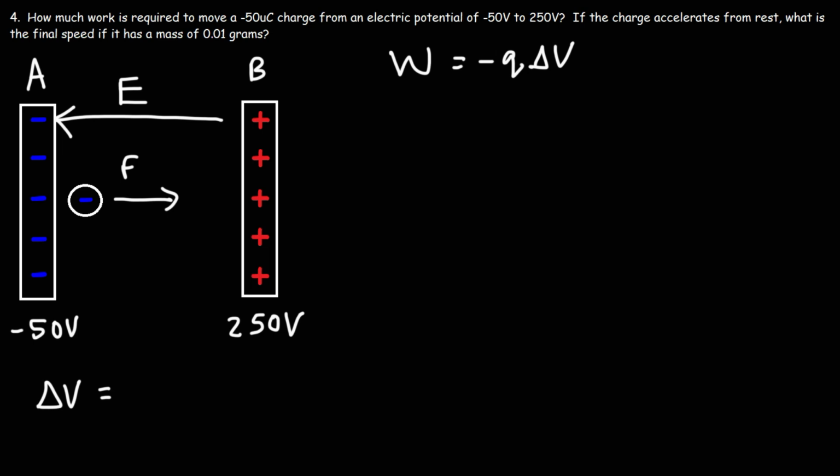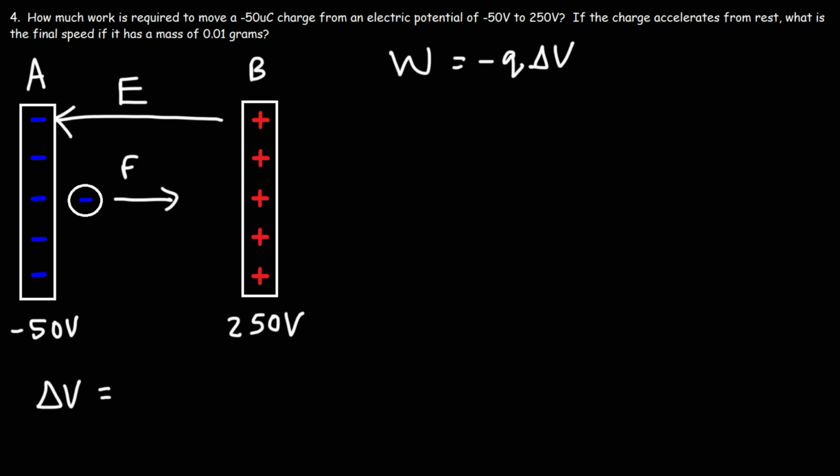So the negative charge is going from A to B. B is the final position, A is the initial position. So if it's going from A to B, will the sign of delta V be positive or negative? The negative charge is going from a low potential to a high potential.